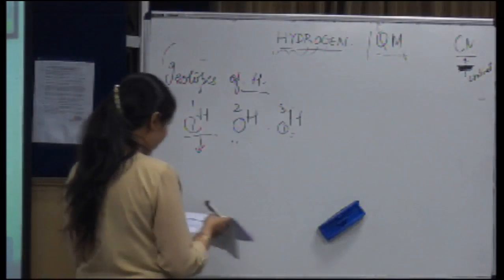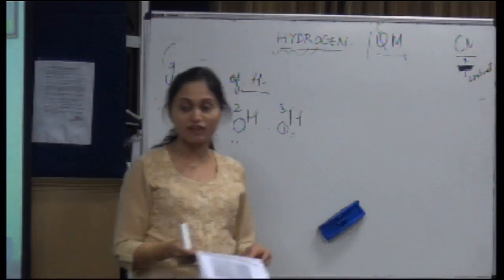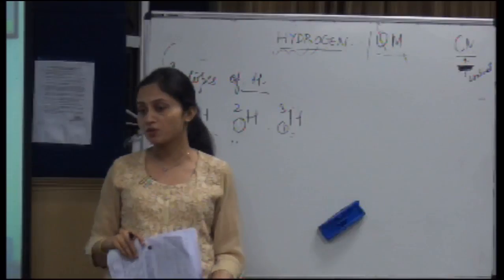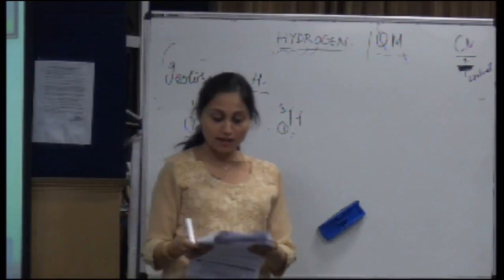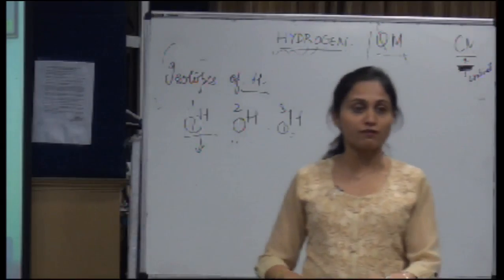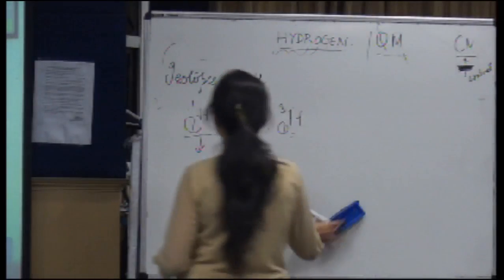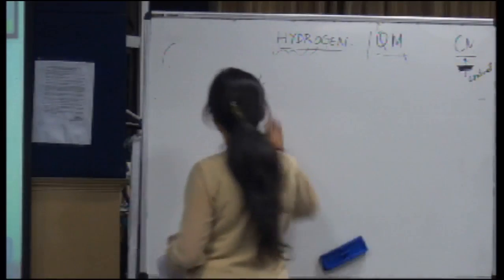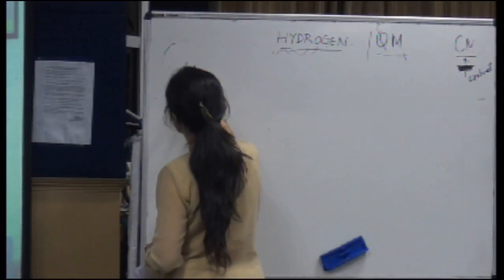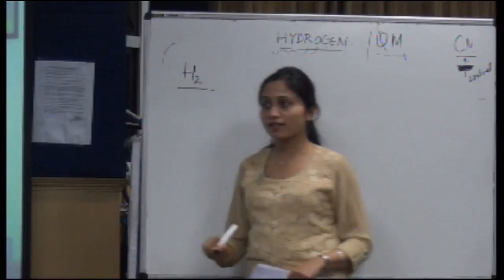Okay, if I ask you which isotope of hydrogen has no neutron and give you options, you would have told me. Which of them is radioactive has already been shared. Now let's talk about some of the molecules of hydrogen which are of importance to us. One of them is the very basic one, that is H2.